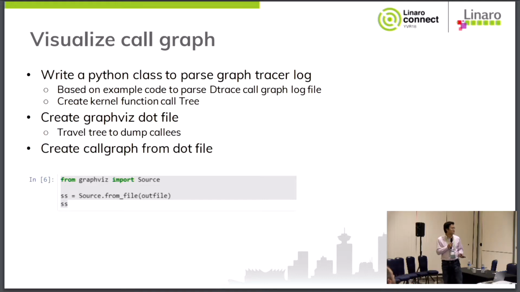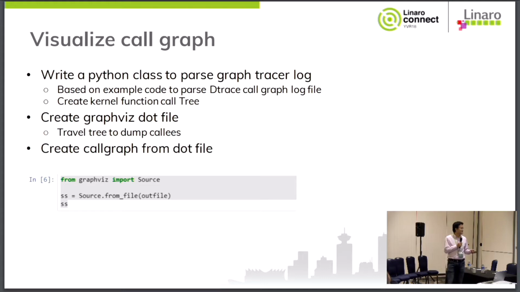Basically it creates a function call tree from the root node and the callee function nodes. So after building the trace tree, we just traverse the tree to dump all the callees to the dot file to describe the call graph.